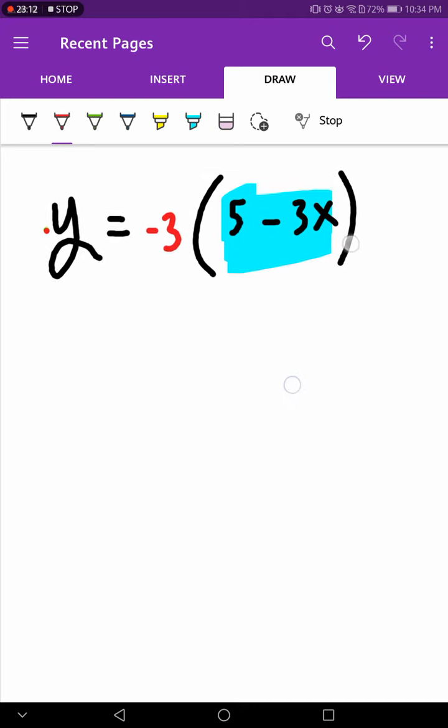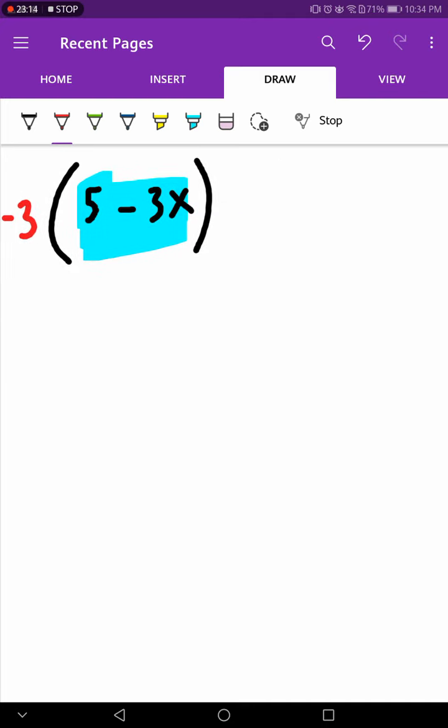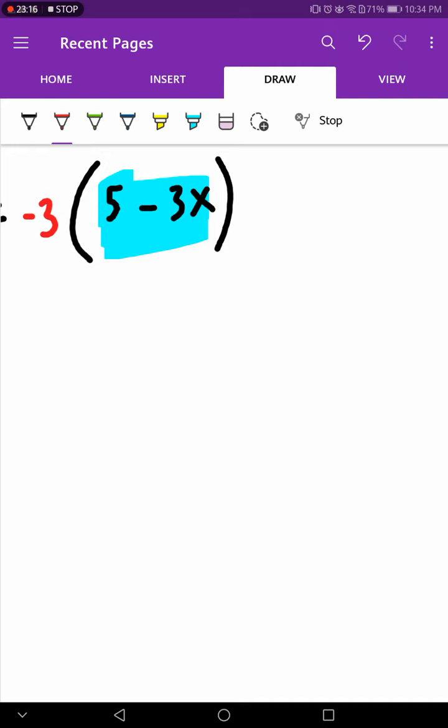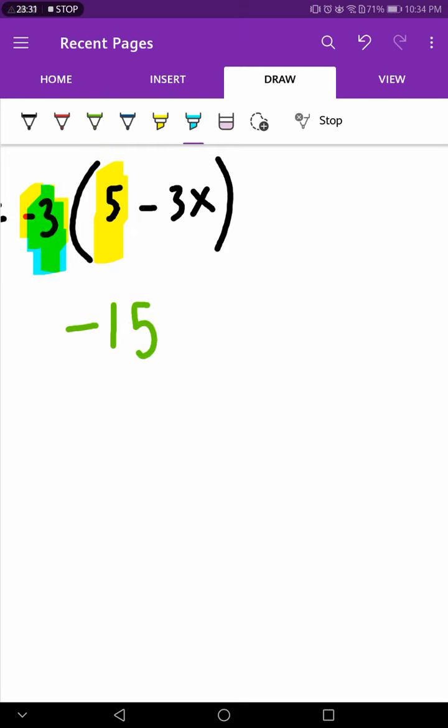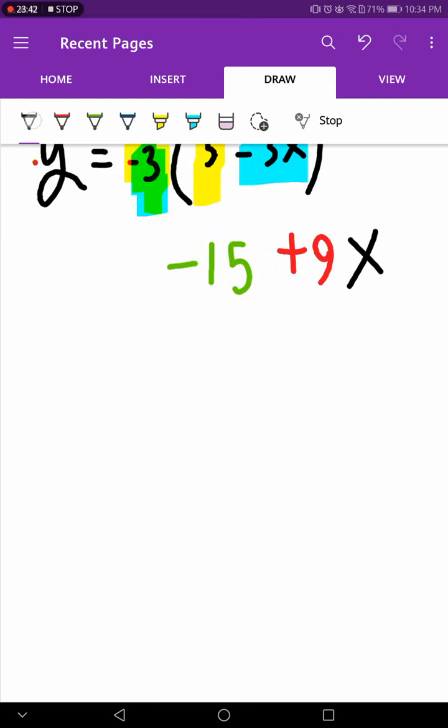Now I can break the parentheses by using Ali's story. Ali has a farm and a home. So negative 3 multiply by 5 equal negative 15. And negative 3 multiply by negative 3x is equal to plus 9x, and this is equal y.